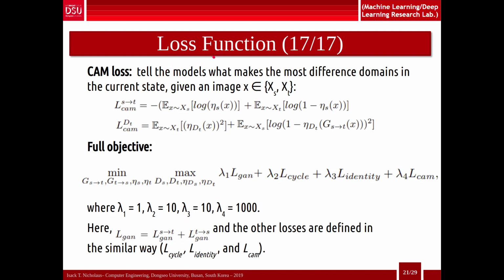The last loss function is a very important loss function because this one tries to teach the model which features at that state are very crucial to distinguish between the two domains, the source domain as well as the target domain.